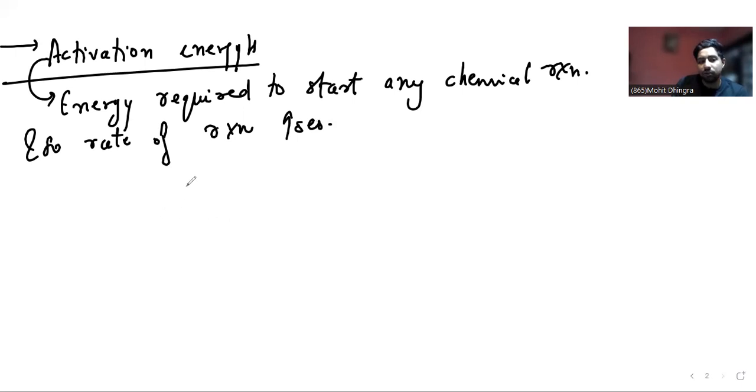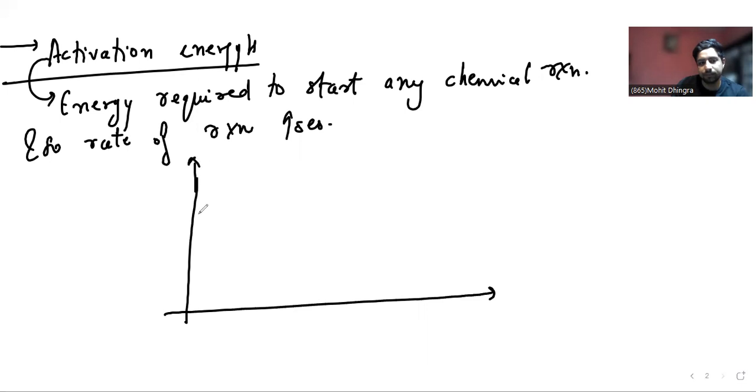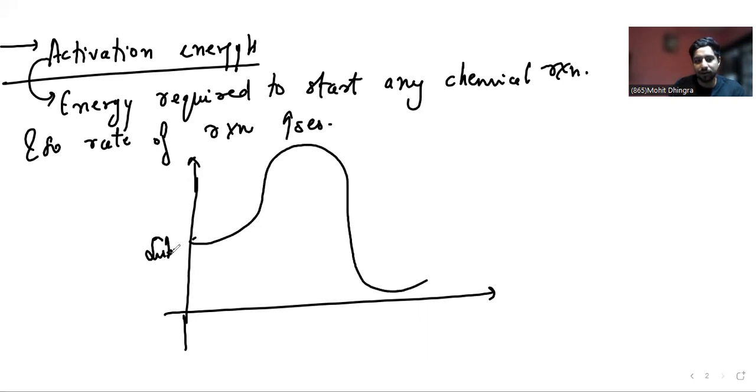Now there is a very important graph in which we show how this activation energy is different in the presence and in the absence of a catalyst. This is the substrate, this is the product.